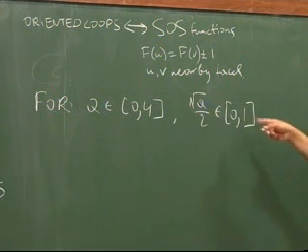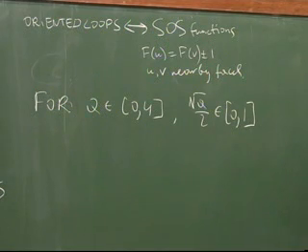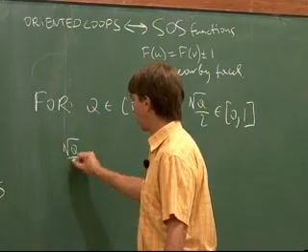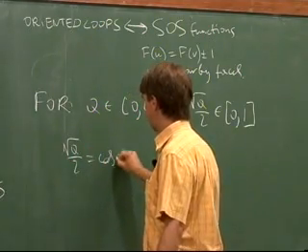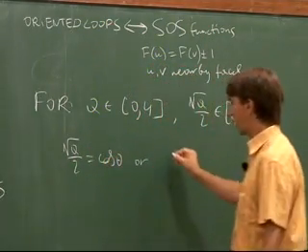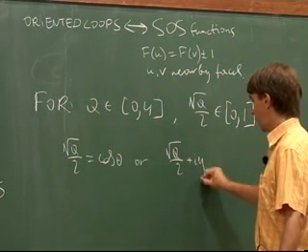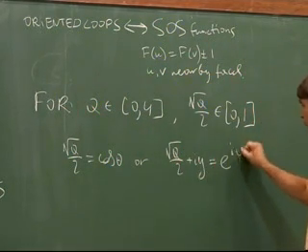And something which is between 0 and 1 is a cosine of something. So we write square root of q over 2 as cosine theta. Or equivalently, we can write that square root of q over 2 plus iy is equal to exponential of i theta.